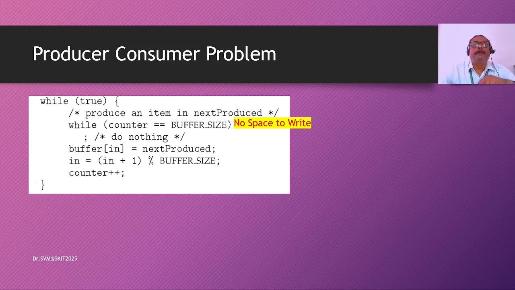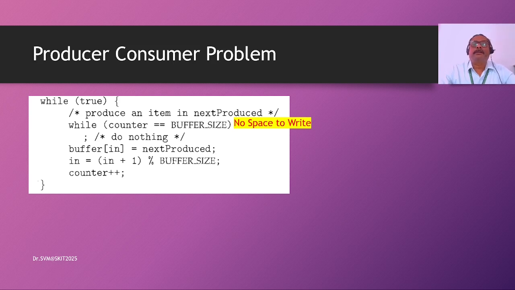and then increment. We want to keep track of how many items were written onto the buffer, so for that we have this counter plus plus, and that is what we keep counting. Every time a new item is written onto the buffer, we increment the counter, so we can keep track of how much is written onto the buffer and whether there is any space left.